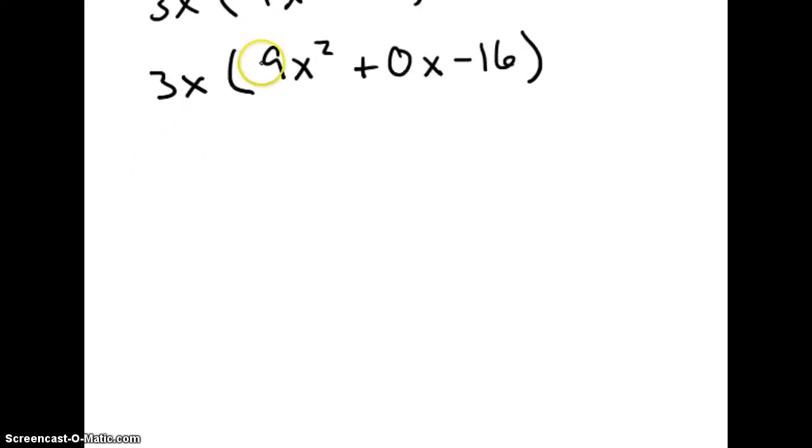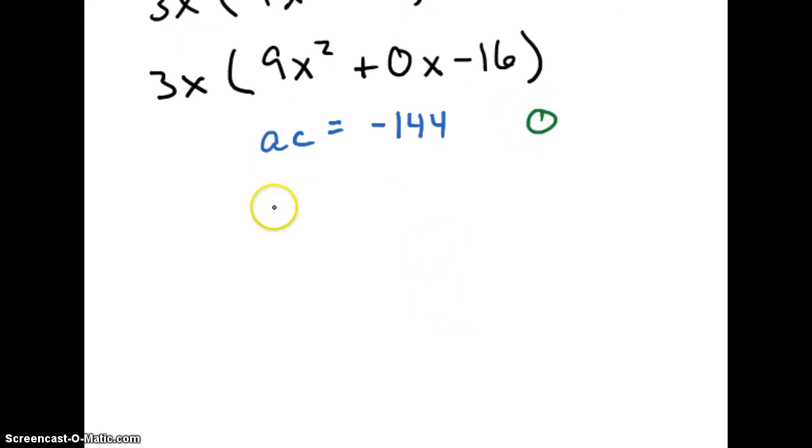Okay, we've got 3x times this quantity right here. Again, we're going to take a times c. So a times c is going to be 9 times negative 16. That will give me a negative 144. I'm looking for two things that multiply to give me negative 144 and add together to give me 0.